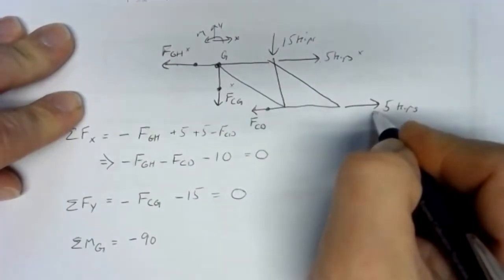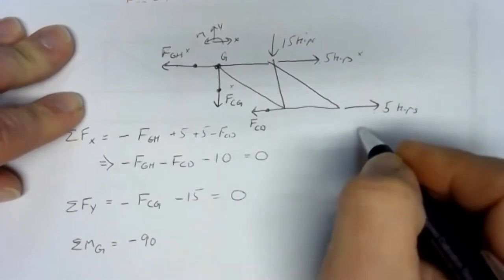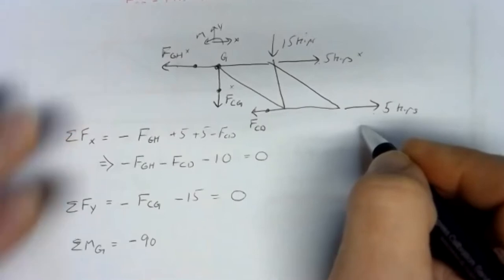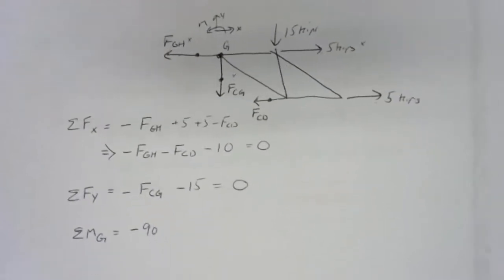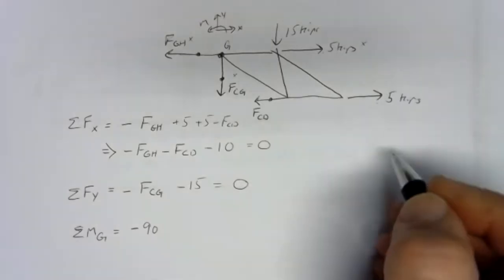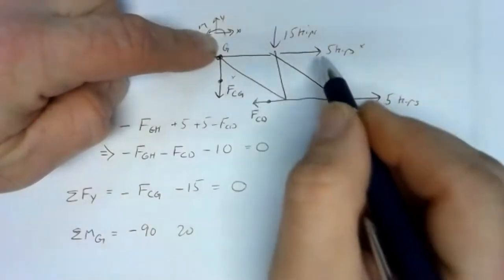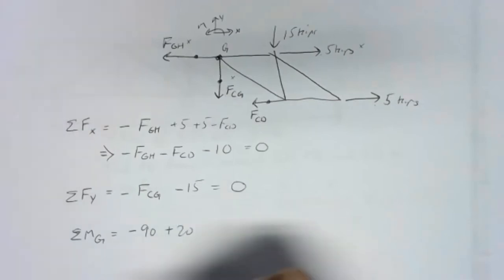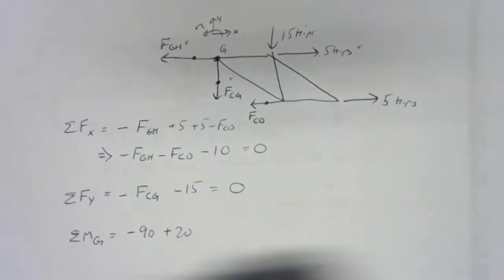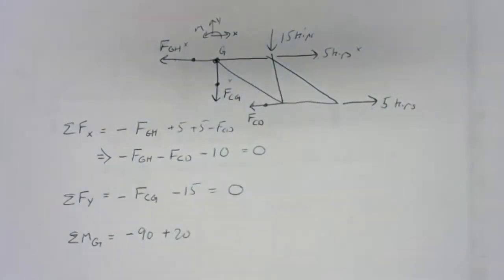This lower 5 kip force does, and that force is 4 feet away, so we've got 4 feet times 5, that's 20. Pinned at G, pulling to the right, that's going to be a counterclockwise moment, and counterclockwise moments are positive. So we've got positive 20, negative 90.